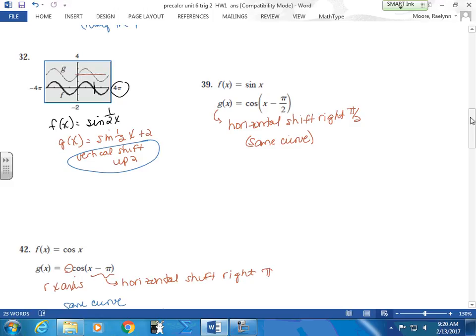We didn't exactly get to that on Friday, when we had a quick day. But here's the point you want to look at. This point went from here to here. How far did it move? Up 2. That's my plus 2.